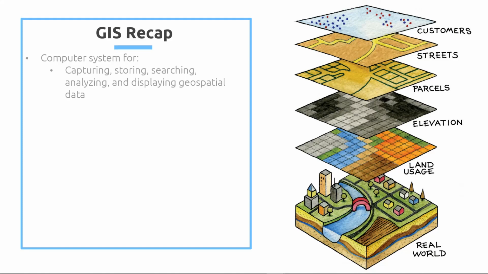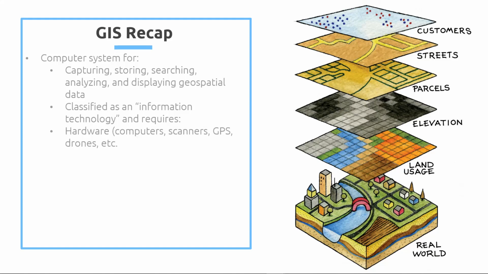So it is a computer system that's used to capture, store, search, analyze, and display geospatial data. And it's one that uses layers very deeply, as we can see in this image. It is classified as an information technology, and so it requires hardware, which would be things like computers, scanners, GPS, drones, the things that are collecting the data, or the computers that are being used to analyze the data.